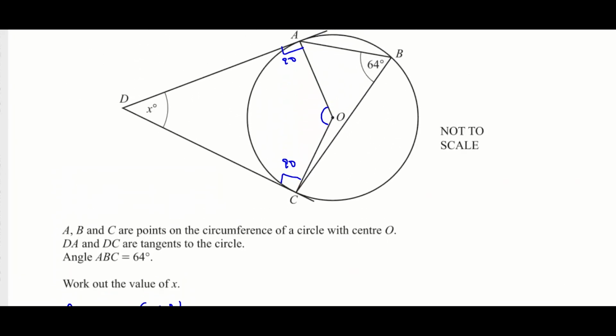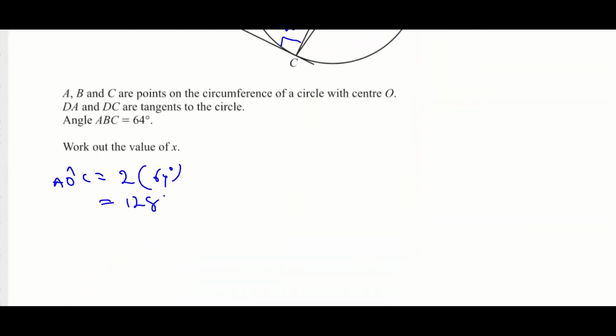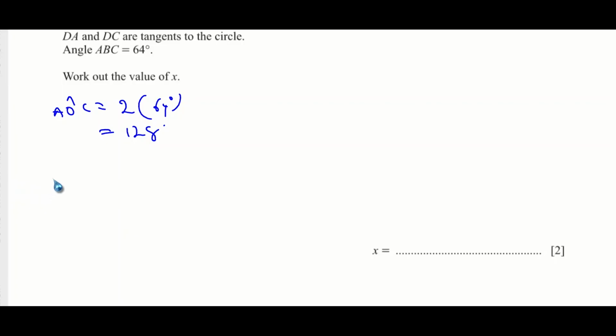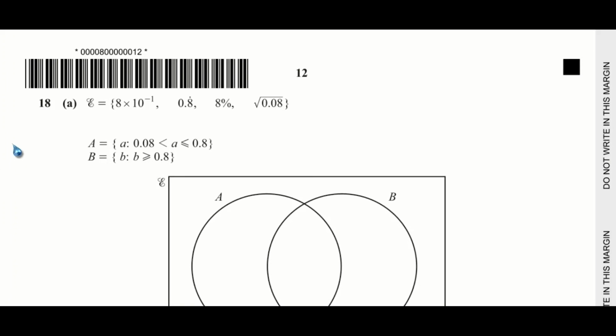So this place is 128. That means the two angles 128 and X are supplementary. So X is equal to 180 minus 128 degrees, so X is equal to 52 degrees. So we have 52 degrees here. So let's go to the next question. That will be question 18.